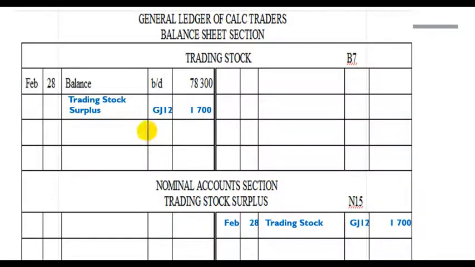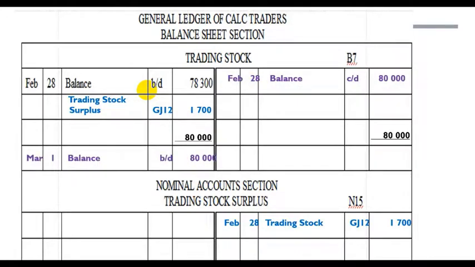So that is your adjustments for trading stock, giving us a new balance of 80,000, which reflects the same balance of the stock that we counted in our physical stock.